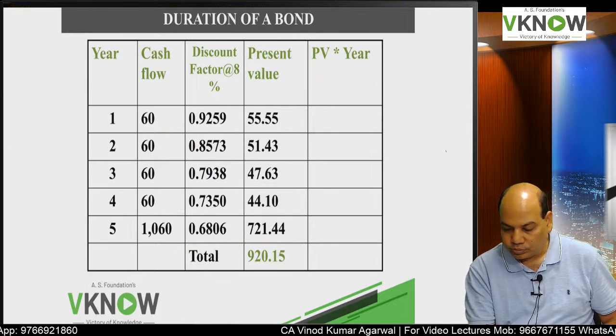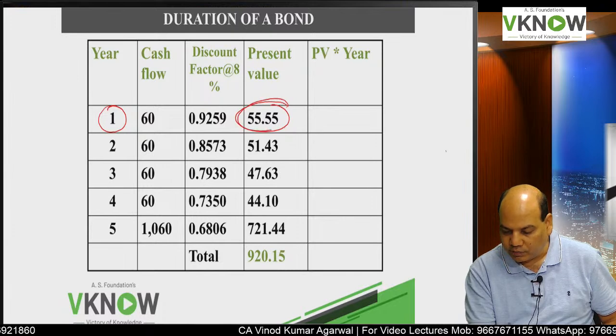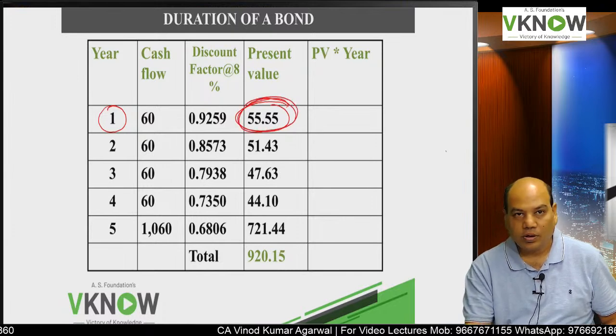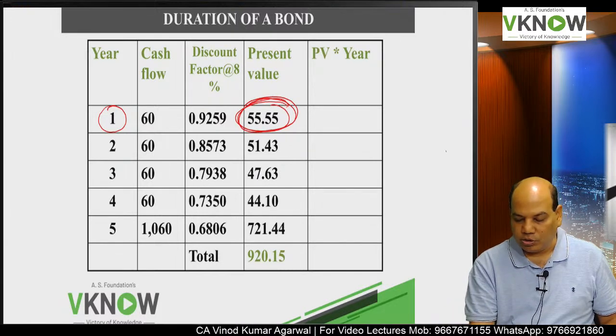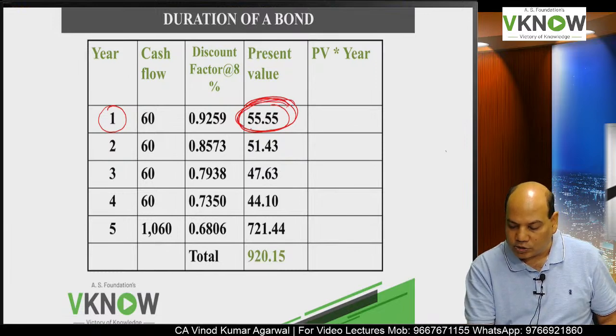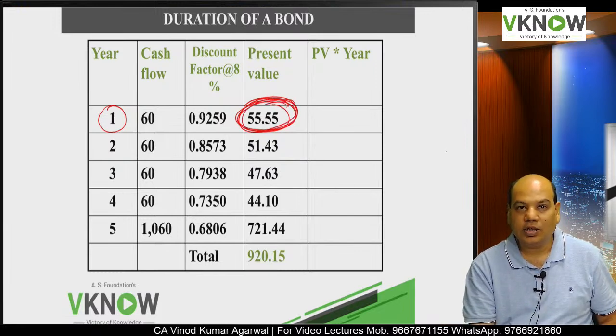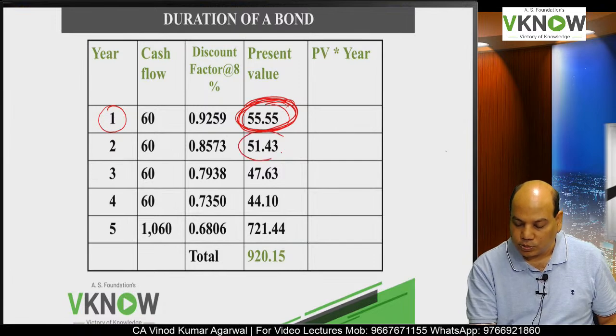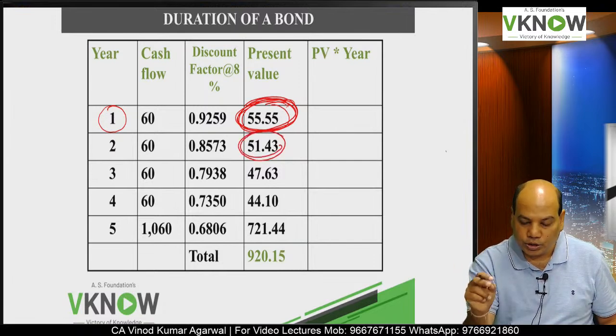Now what you do? You multiply year and present value. Present values are being used as weights. So much cash flow has been recovered in year 1 itself, so much in year 2 itself.